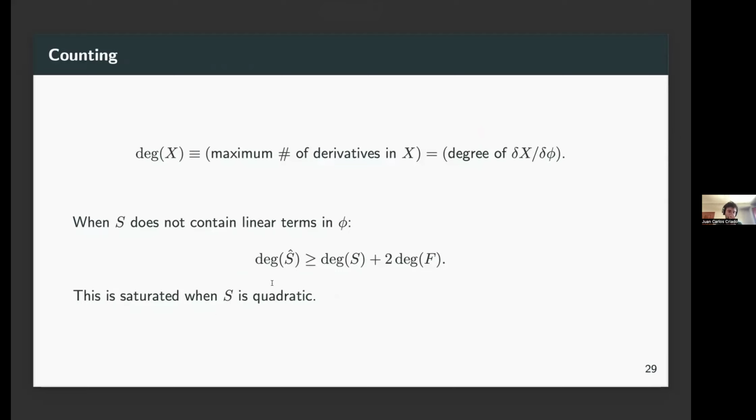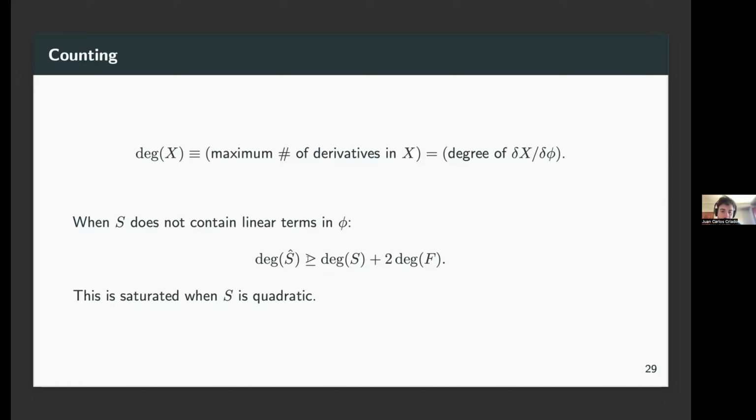of these equations. So I'm denoting here by the x the maximum number of derivatives that appear inside x. So for example, if x is the action, then this is the maximum number of derivatives that appear in any term of the action, and it's also the degree of the equation of motion. And the same goes for f. So we derive some formulas for this, some bounds on the degrees of this equation.